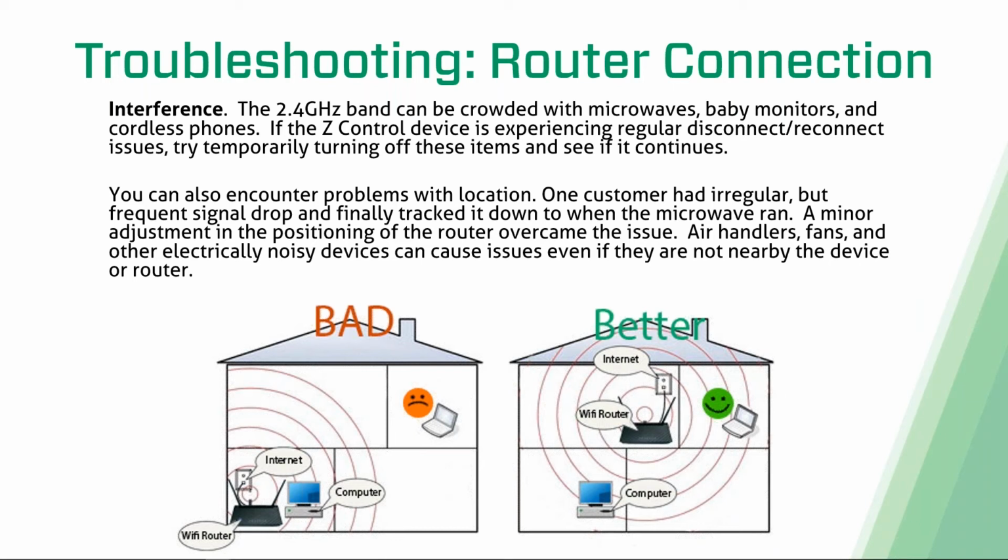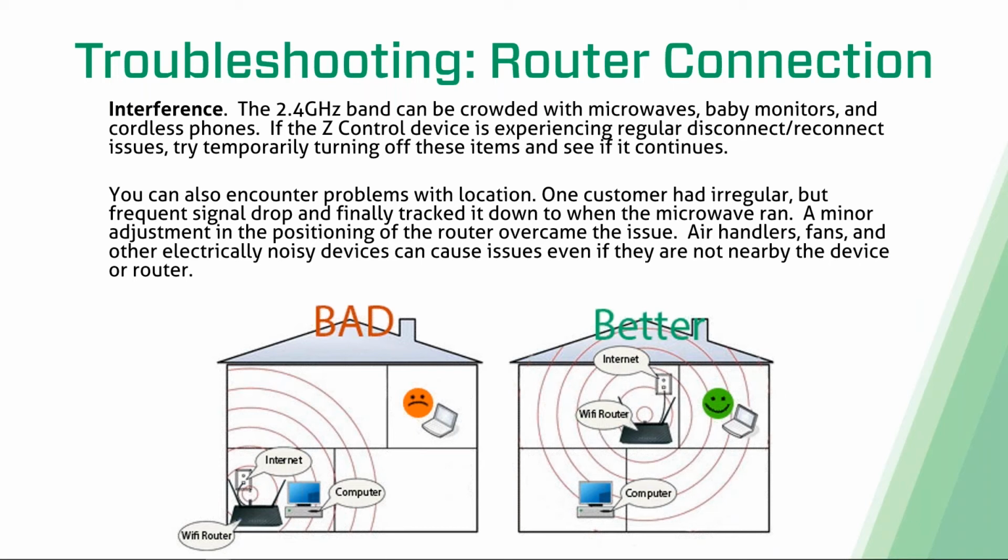So if there's a regular disconnect and reconnect going on with Z control, and a lot of times you know that because you're getting a notification about it, some experimenting might be a good idea, where you turn those things off and see if that continues. We were troubleshooting with somebody and they were having this intermittent, temporary dropping out of the signal, and finally tracked it down to a microwave running. The baby monitors could be another thing, and the cordless phones, like we mentioned.